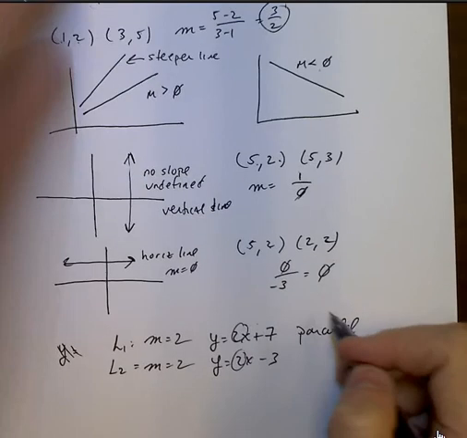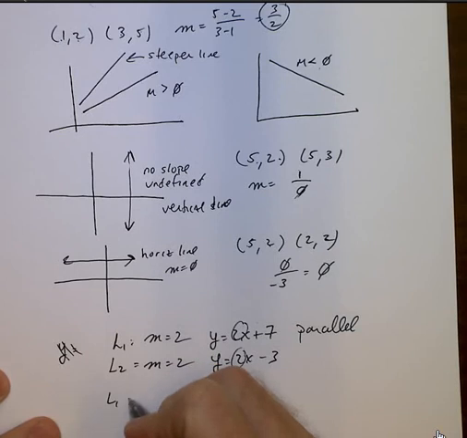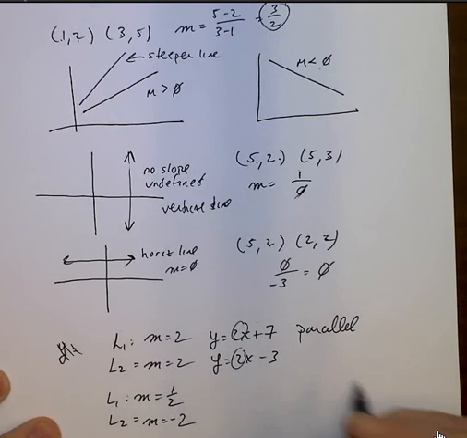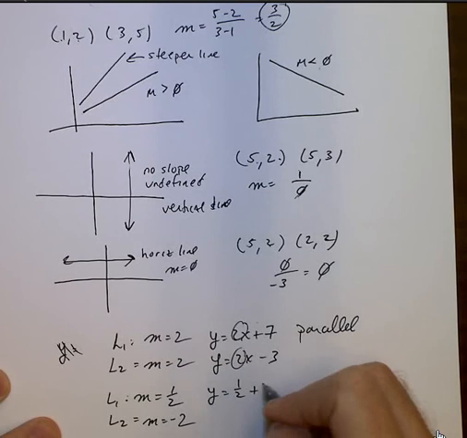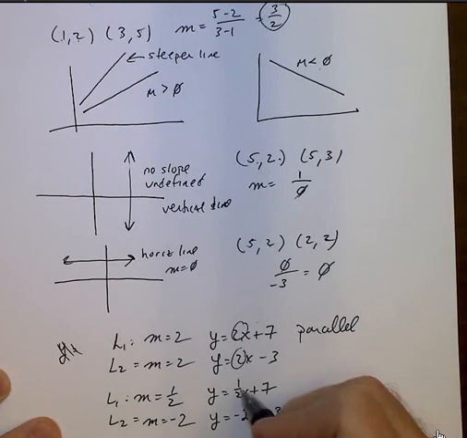If I gave you a line with slope m equals 1/2, and a second line with slope equals negative 2, that's also a special case. That might look like y = 1/2 x + 7, y = -2x - 3. If you look at these two slopes, what's special?